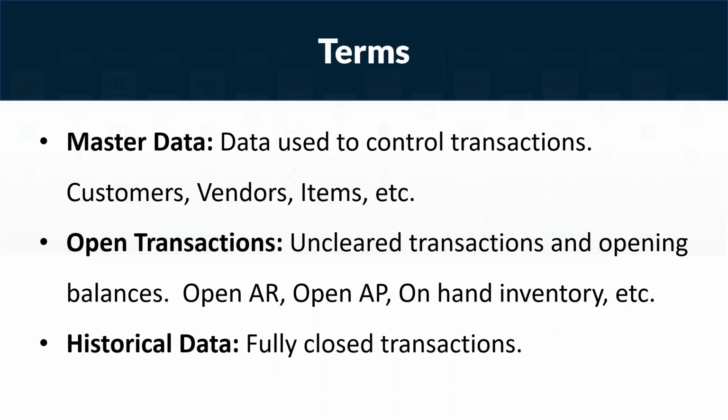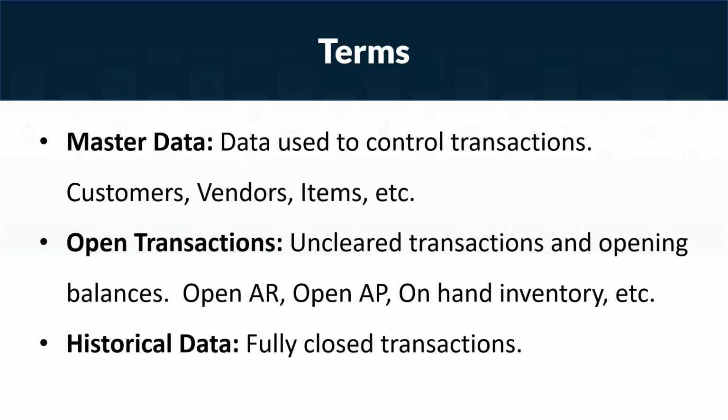Now, three of the terms that will come up a lot, and these again apply to any system that you look at, are master data, open transactions, and historical data. So master data is always going to be the data that you use to control a transaction. So think customers, think items, think vendors, think currencies, think payment terms, think bank accounts.